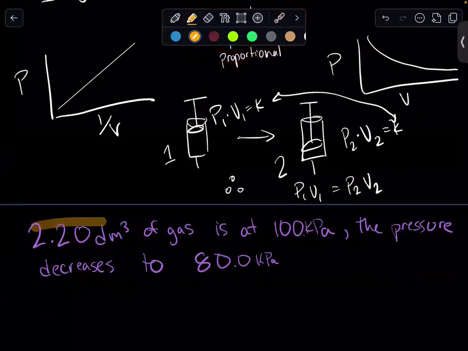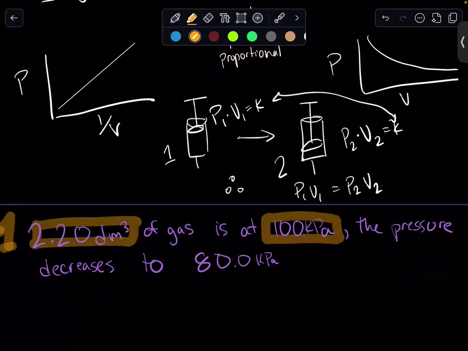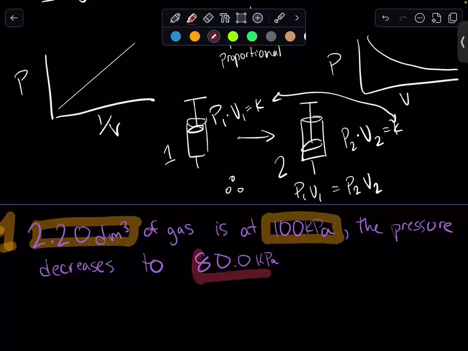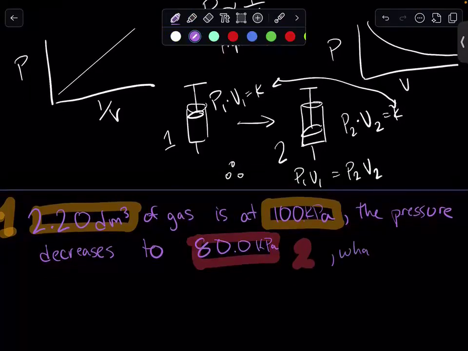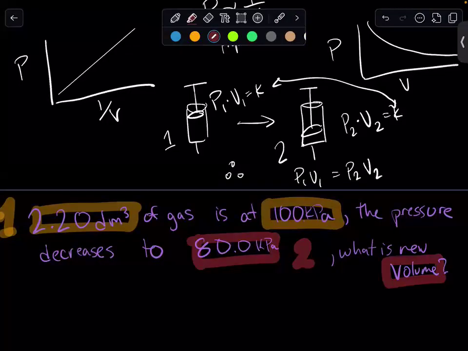What I like to generally do is separate our scenarios. We'll call this scenario one, and this is scenario two. And we're looking for what is the new volume. So that new volume will also be part of scenario two. So I'm going to go ahead and set up my equation. P1 times V1 equals P2 times V2.